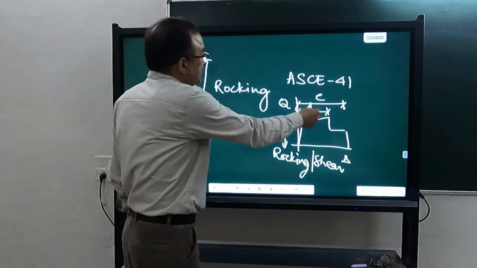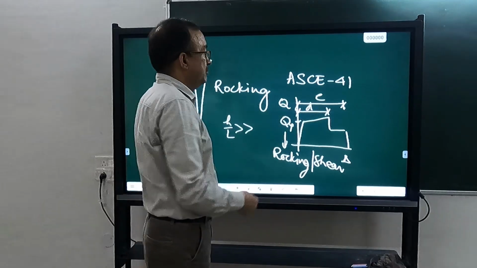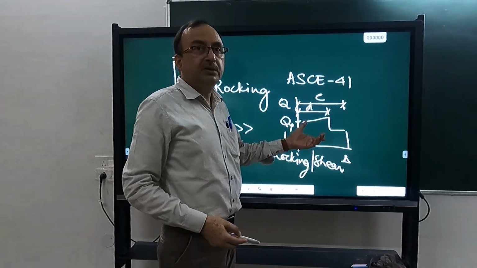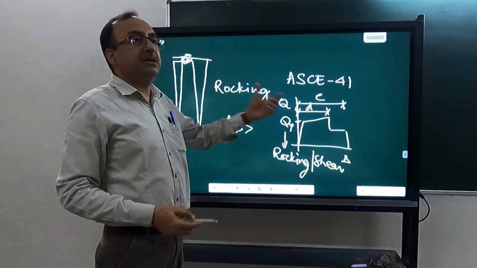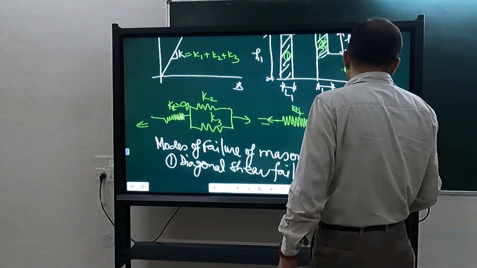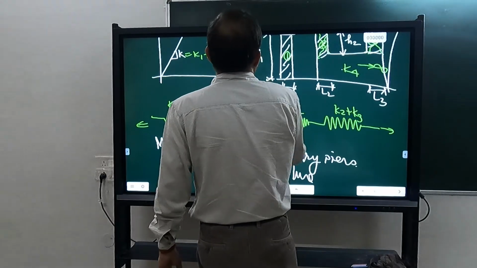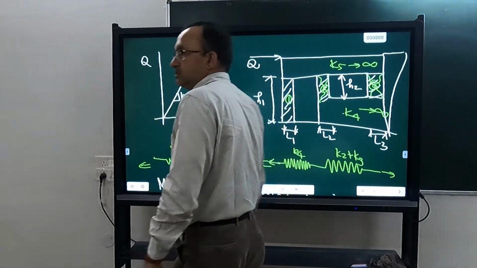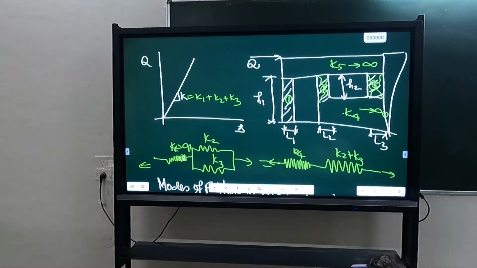Okay, once this backbone curve is available for the pier, can you give me Q versus delta for this wall? Can you give that? How? You have to simply add them in parallel. How to add them in parallel? I have told you.